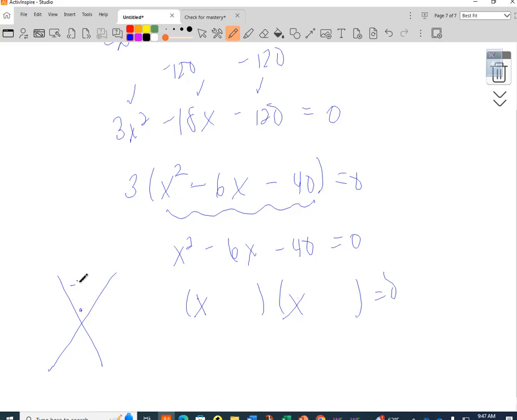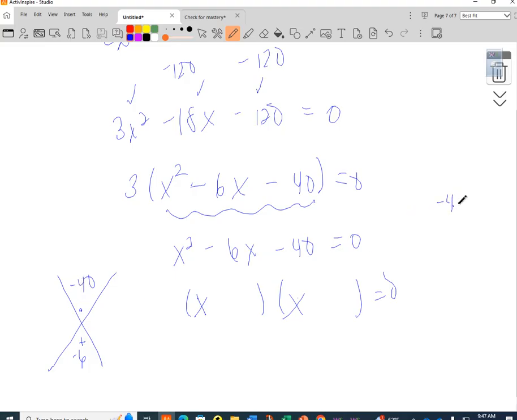Multiply to get negative 40 and add to get what? What do you think? Anybody help her? Negative 6. Okay? So if we have this trinomial, we want 2 factors that multiply to negative 40, but that add up to negative 6. Okay? Does that make sense?